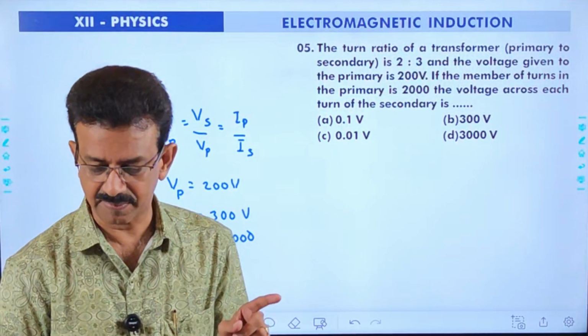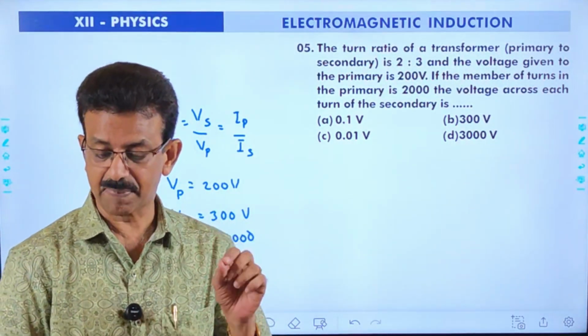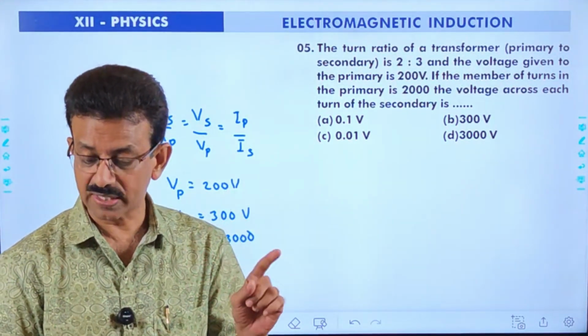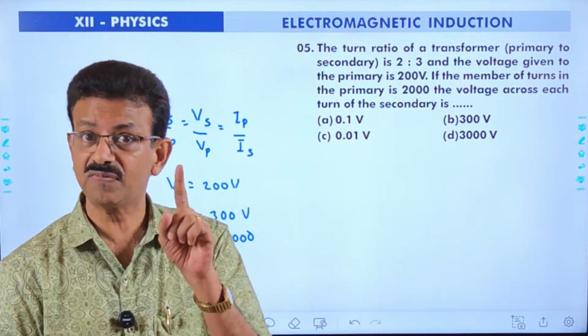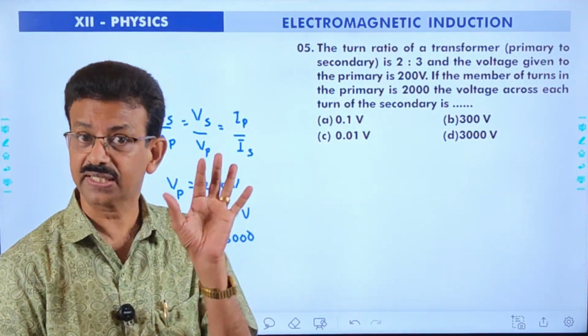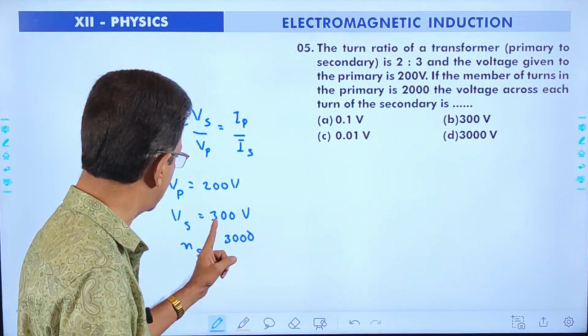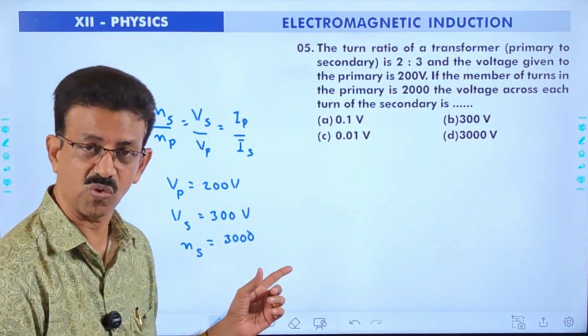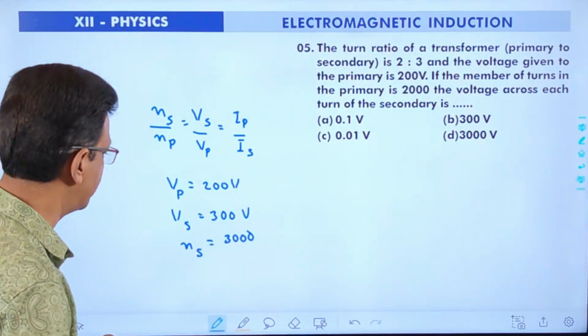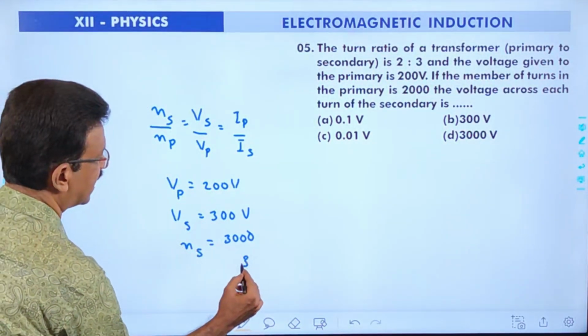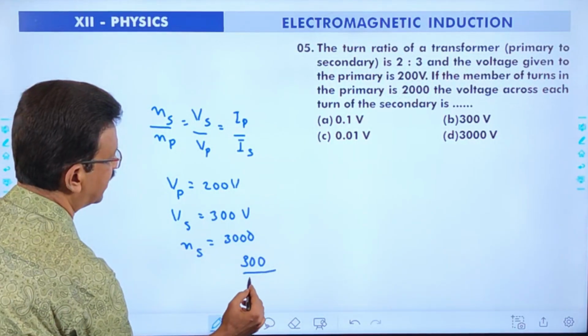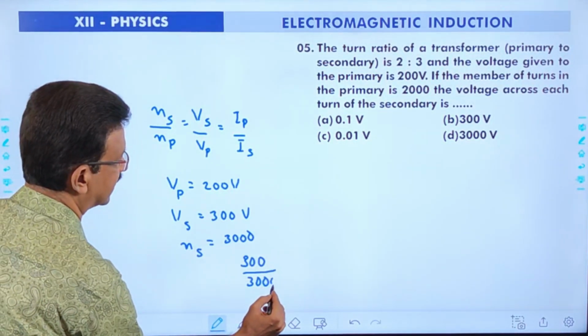In the given question, the turns in the primary is 2000. The voltage across each turn of the secondary: across 3000 turns, we have a voltage of 300. Therefore, across each turn means 300 volt divided by 3000 turns.